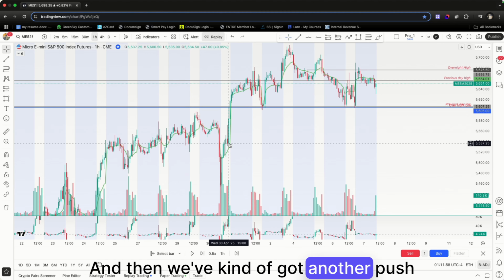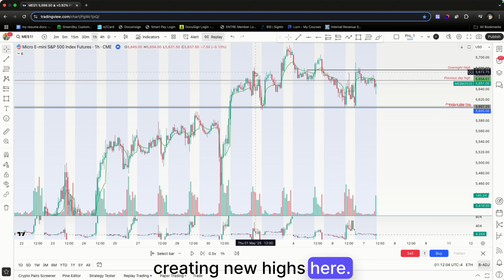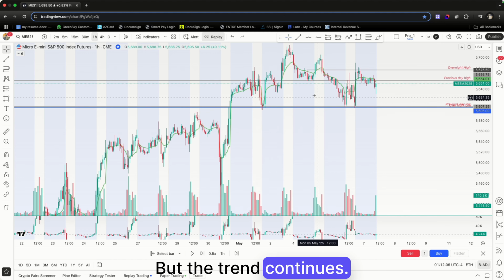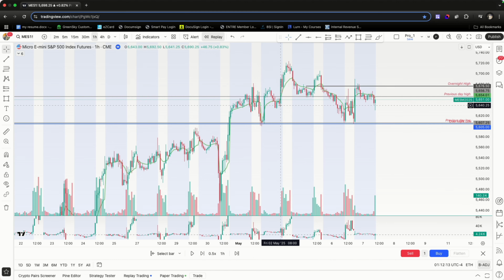And then we've got another push past these higher highs, creating new highs here, but the trend continues. Higher high, higher low, equal high, higher low.